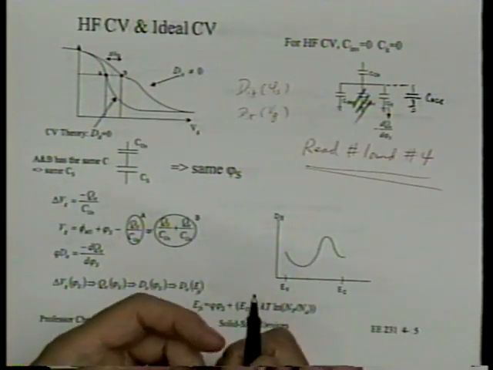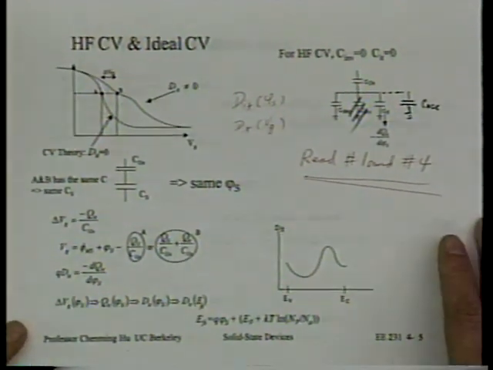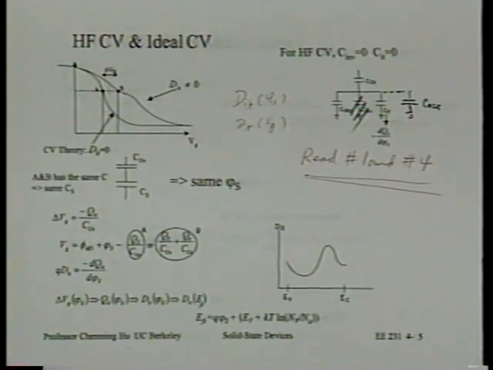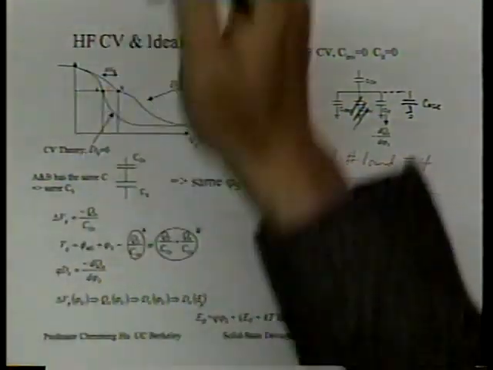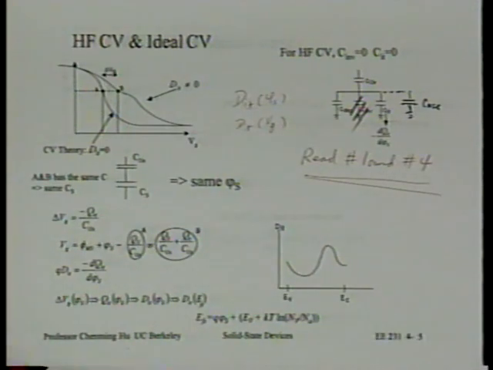You might argue that. If you argue that, you get 99 points, really good. But you get extra points for realizing that we're talking about high frequency, and therefore maybe the traps cannot respond to it. And indeed, we're counting on the fact that traps cannot respond to this high frequency. The fact is that these are still traps in the oxide, maybe separated from the interface by 2 angstrom, 3 angstrom.